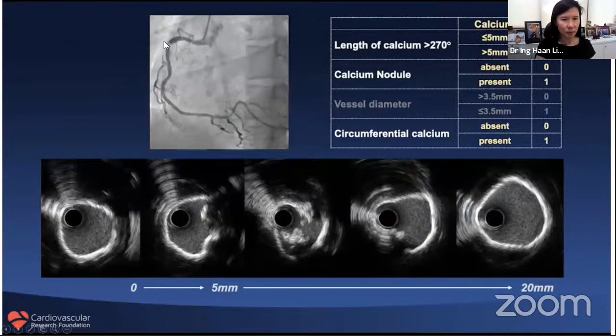So this is an example of a highly calcified RCA looking at circumferential calcium and the presence of a calcium nodule in a vessel with length of calcium more than 5 millimeters, subtending more than 270 degrees, predicting that this vessel needs to have atherectomy to facilitate stent placement.